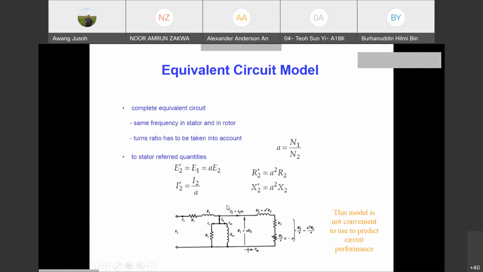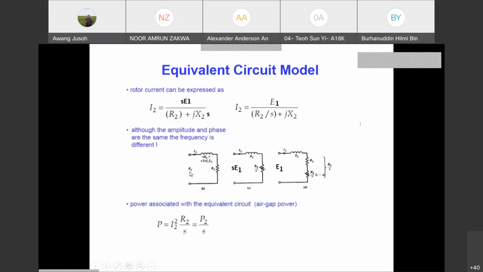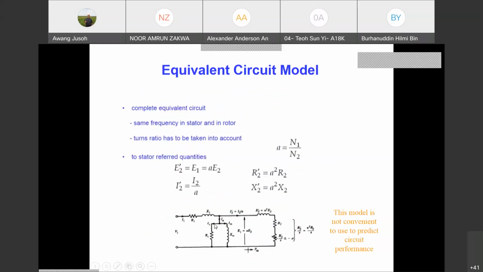This is the circuit that we have when we combine both the primary and secondary. You see this circuit now. We have R1, X1, and this is your air gap, and this is XM, RC. RC is normally the core loss, which we can remove from here.